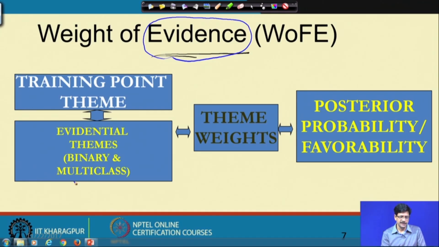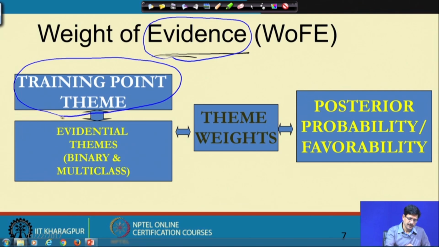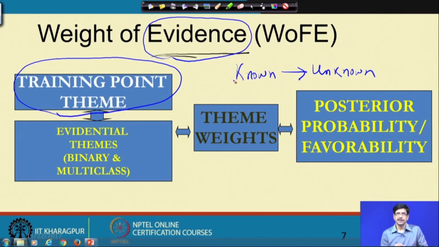or one layer of information, or a geological lithological map, the presence of that particular lithology in particular selected areas. And then this training point theme will essentially be the points in space where we know that the deposit is occurring, and that is why we say that it is from known to unknown. This is from known to unknown, meaning we know that a particular deposit, as we will see as the discussion proceeds, it will be clear.